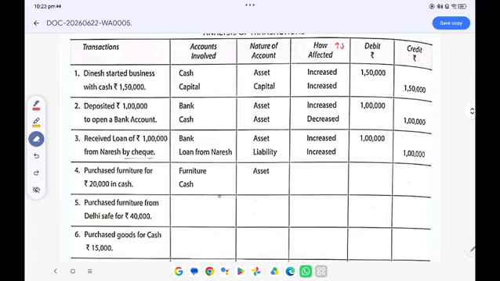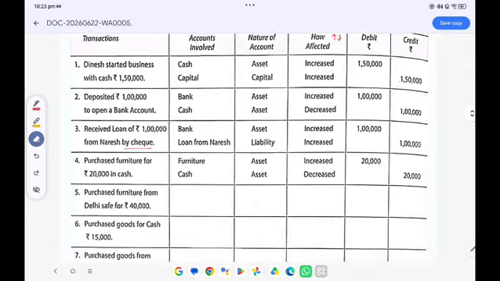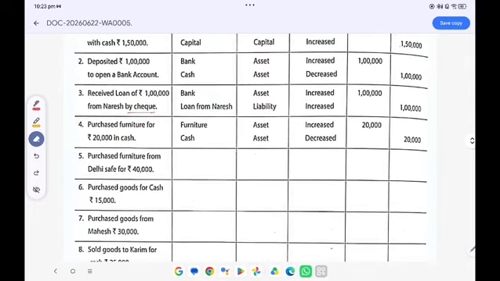So here asset, and here also asset. When we purchase furniture, it is coming in, so furniture is increased. Cash is going out, so cash is decreased. As we know, asset increases is debit, asset decreases is credit. Hope you understand. Similarly, observe the fourth and fifth transactions carefully, children.